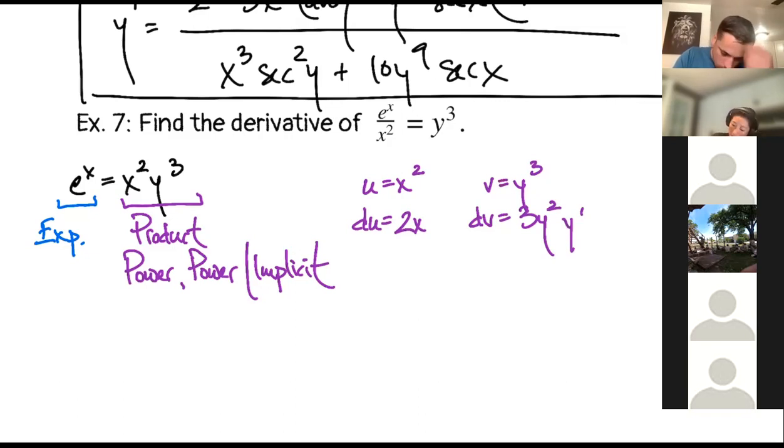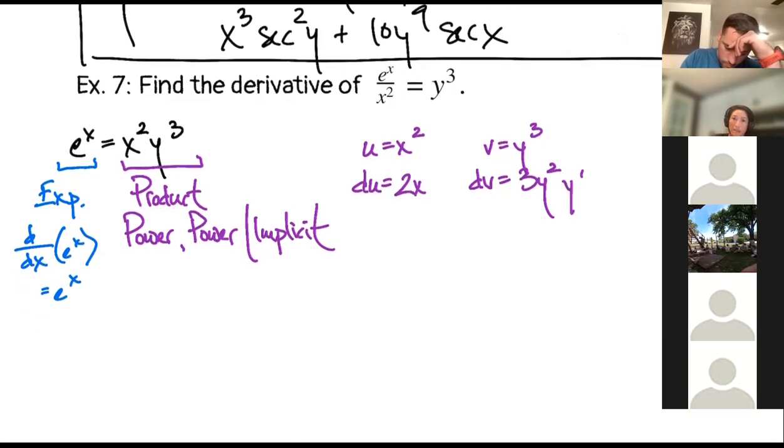I'll also go back and write down what Matt put in for the derivative of e to the x, which is going to equal e to the x. All right, let's put everything into the appropriate rules.